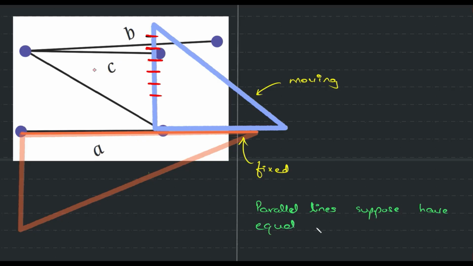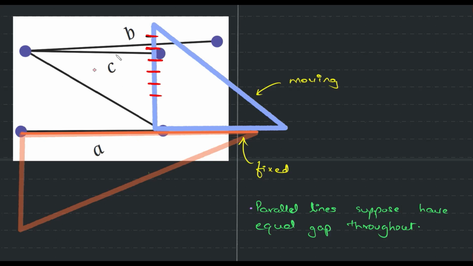Yes, an equal gap throughout. Sorry about my handwriting over here. And since we are not looking at an equal gap between A and C or A and B, it's between neither of the pairs. What do we end up with? We end up with none of the lines being parallel to A.